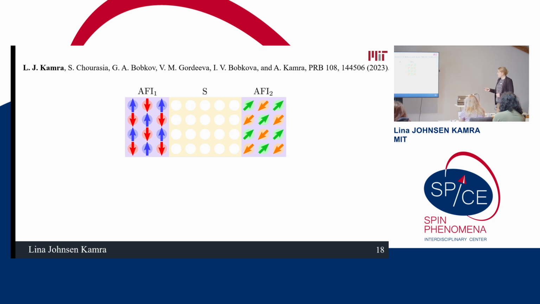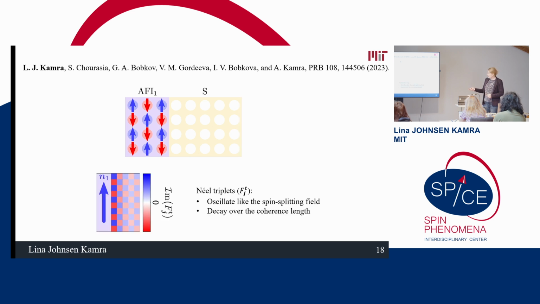Now we joined forces and we started studying these antiferromagnet-superconductor-antiferromagnet structures. If we look at just the bilayer, we see here that if we consider an insulating antiferromagnet and we look at how the spin splitting induced on this first layer of the lattice creates spin triplets inside the superconductor, we see that the sublattices are extended inside the superconductor, so we get this beautiful checkerboard pattern.